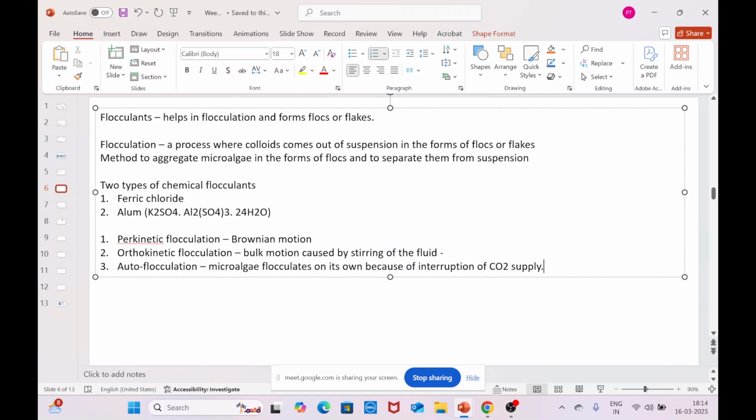So these flocculants, as such, are positively charged particles. Like you said, ferric chloride, FeCl3, so Fe3+. So what happens is these positively charged particles enter into the system, and the suspension also has some particles which are oppositely charged. So we select the flocculants in such a way that they are oppositely charged in nature.